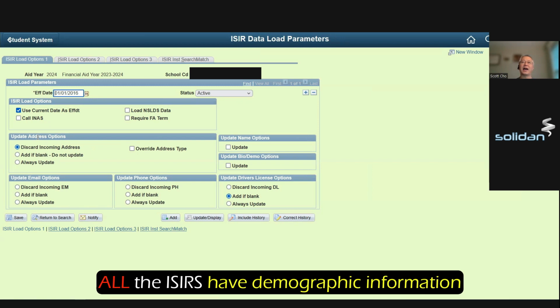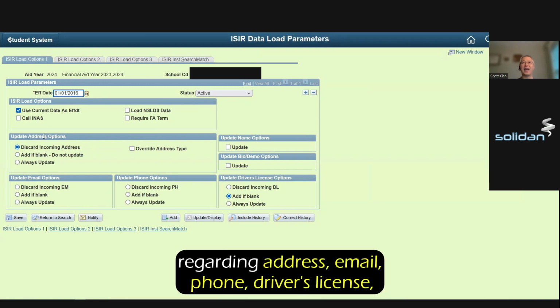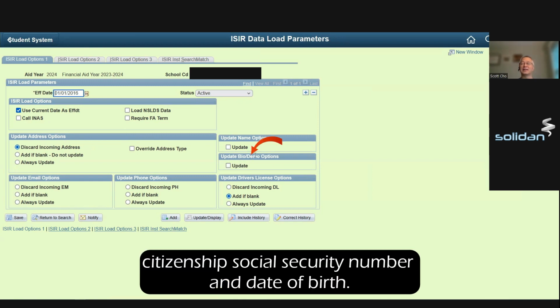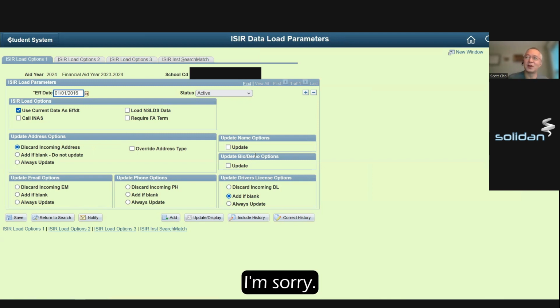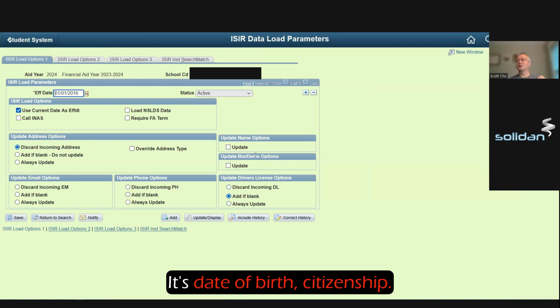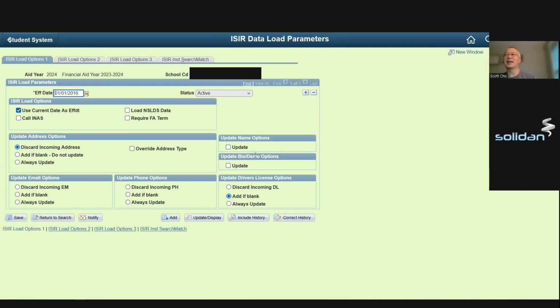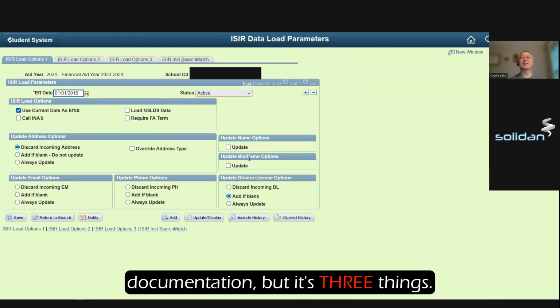All the ISIRs have demographic information regarding address, email, phone, driver's license. But this bio demo data is the date of birth, citizenship, and I think there's one more thing. You could look for it in the documentation, but it's three things.